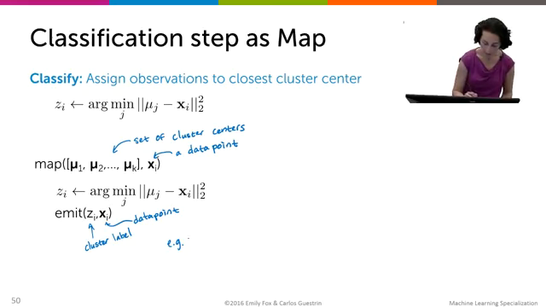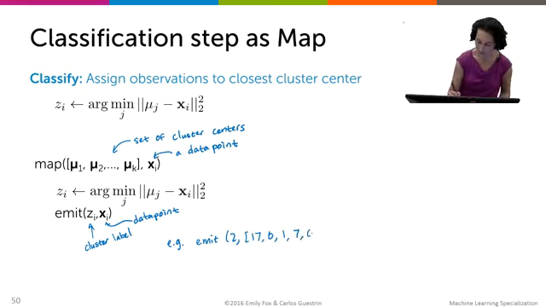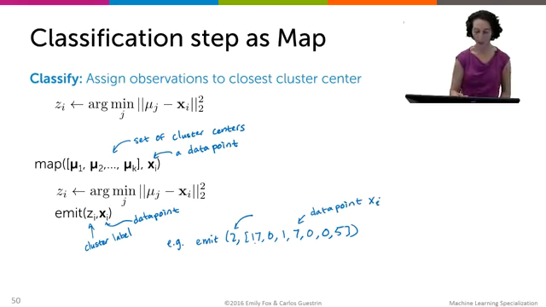So for example, maybe we would emit 2, 17017005, if this data point, which might have been a word count vector with counts 17017005 on some set of words in a vocabulary, is assigned to cluster 2.